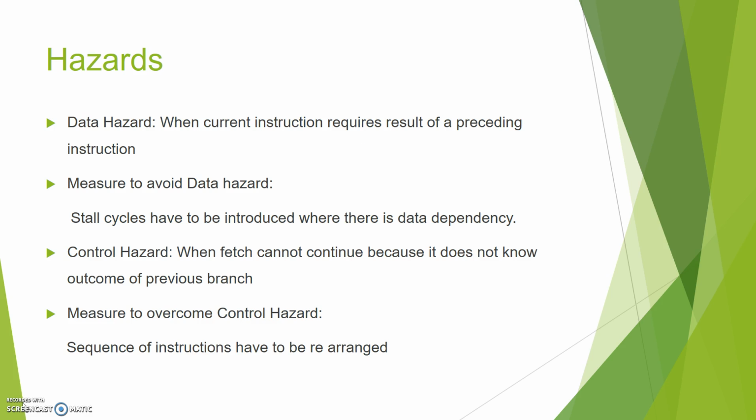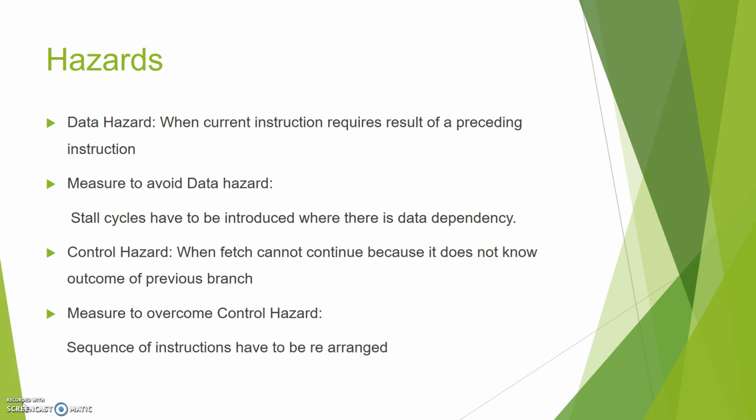Moving on, we also have certain types of hazards that result from this type of architecture. The 2 main types of hazards are number 1, data hazard, and number 2, control hazard. Data hazard is when the current instruction requires the result of a preceding instruction.